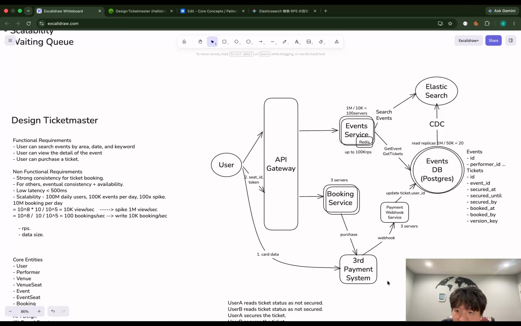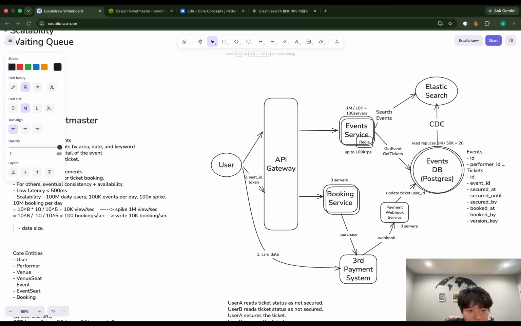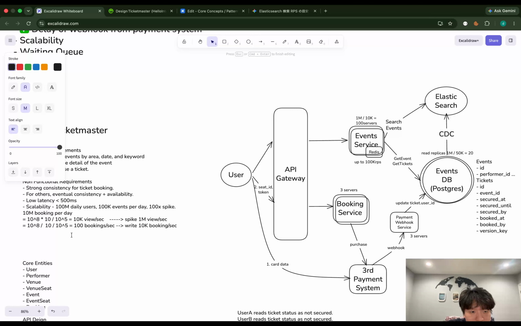Good, now I can talk about scalability. So let me talk about the data size quickly. 100 million users, 100k events per day. I will talk about the events and seats because the data size of the booking, seat, and event increases day by day.